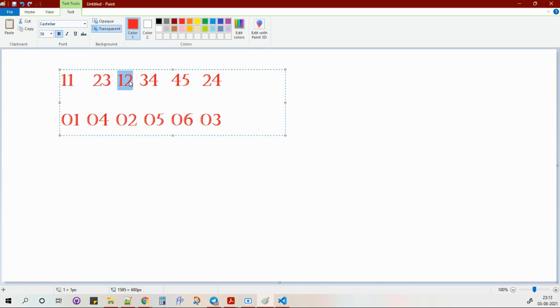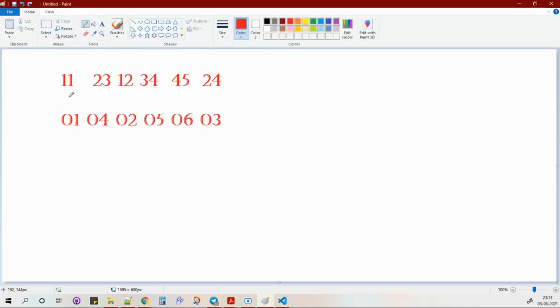Then I go to the next, 23, and I get 0, 4. Then 24, I get 0, 3. Here it should be 3 and 4, but it's never perfect in the real world. Then 34 and 35, and again it increases, like 0, 5 and 0, 6. So now what I'll do is give some rank, sorry, not range, rank.